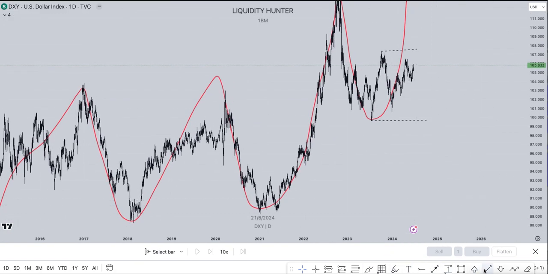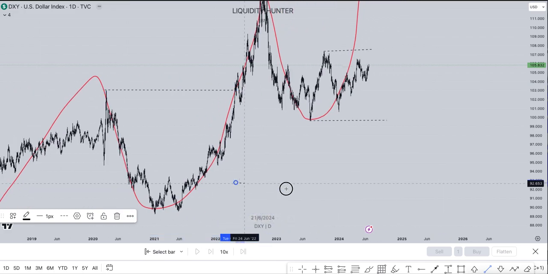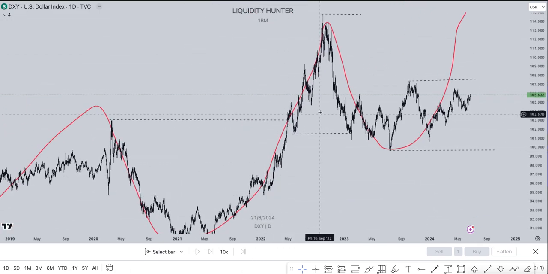So this was our break of structure here. This is our break of structure. After that break of structure, we had this small pullback that later just pushed to the upside. And you see later there was a drop that came and cleared that liquidity, starting to push to the downside.